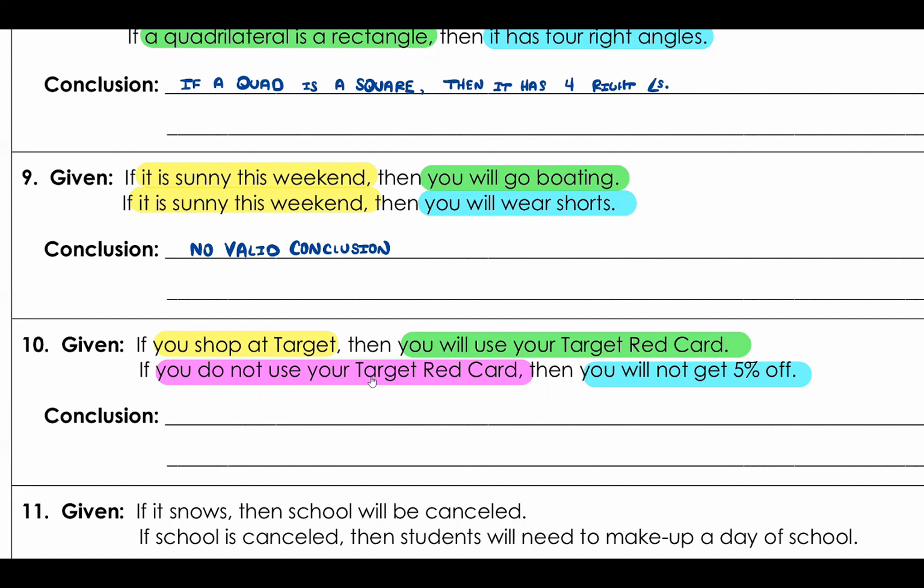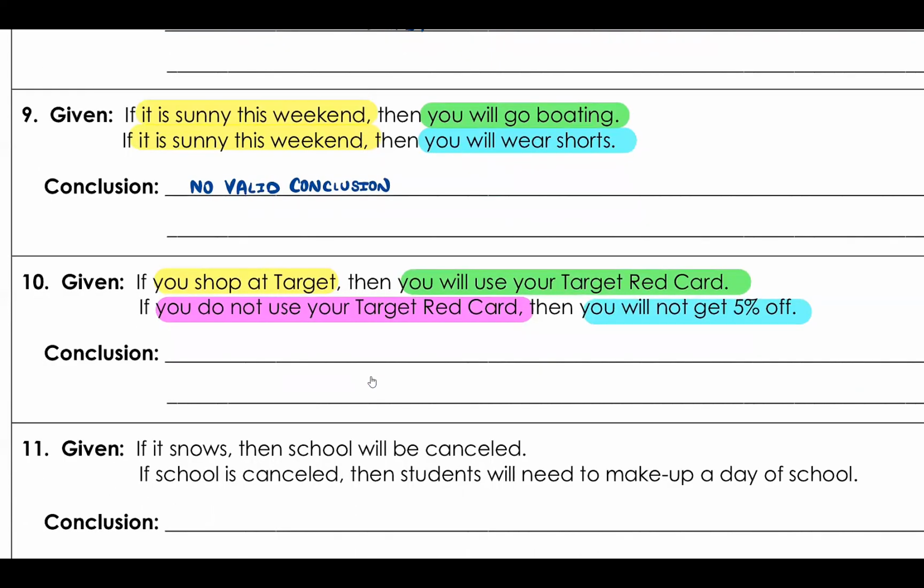Why is this green and that purple? They're inverses of one another. They've been negated. So is this conclusion the same as this hypothesis? No. So can I draw a conclusion based off of my two statements? No valid conclusion. So they try to be tricky.